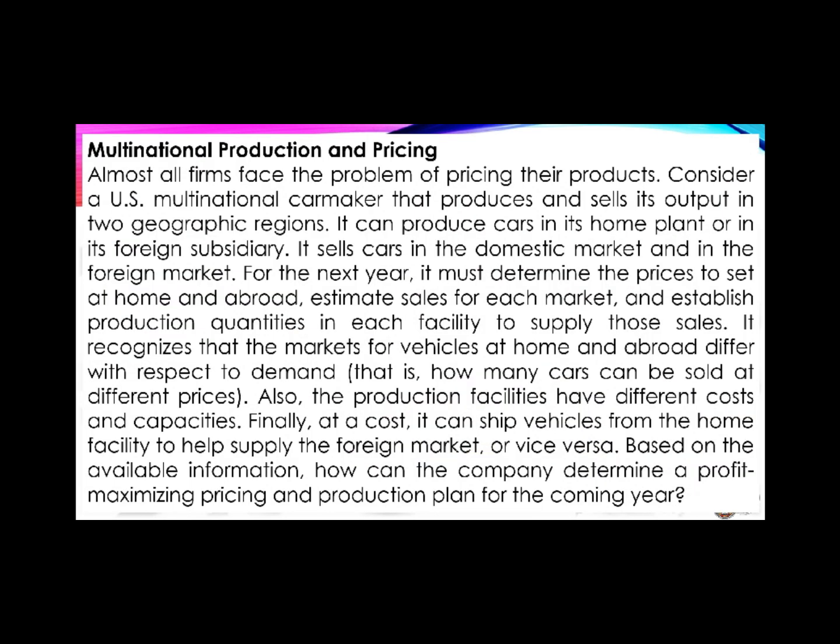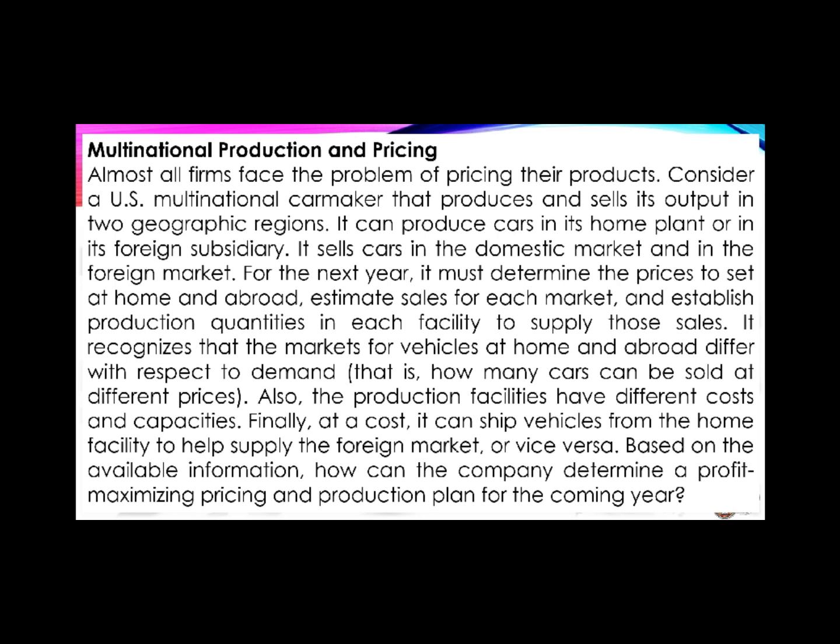In our examples, the main work of problem definition has already been carried out, greatly simplifying the identification of decision options. The car maker is free to set prices at home and abroad. These prices will largely determine the number of vehicles the firm can expect to sell in each market.